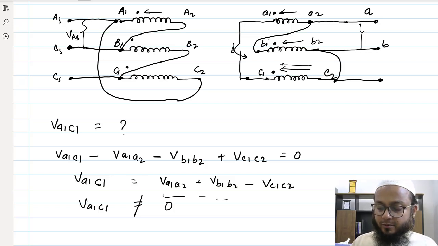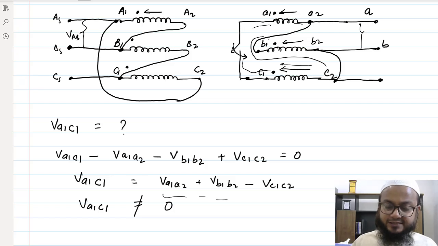The winding will get damaged because of the circulating current in this loop. You have shorted these potential points A1 and C1 without any external resistance, so it will damage the winding.